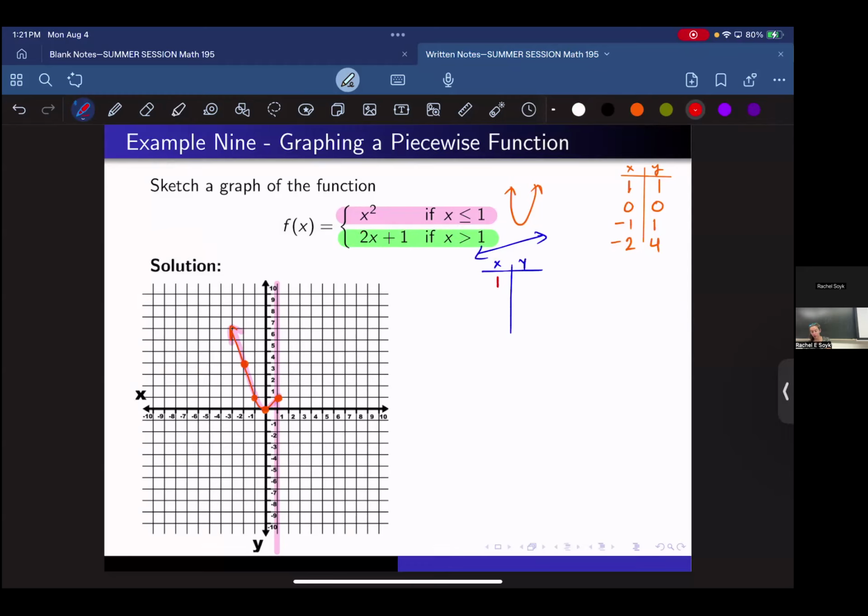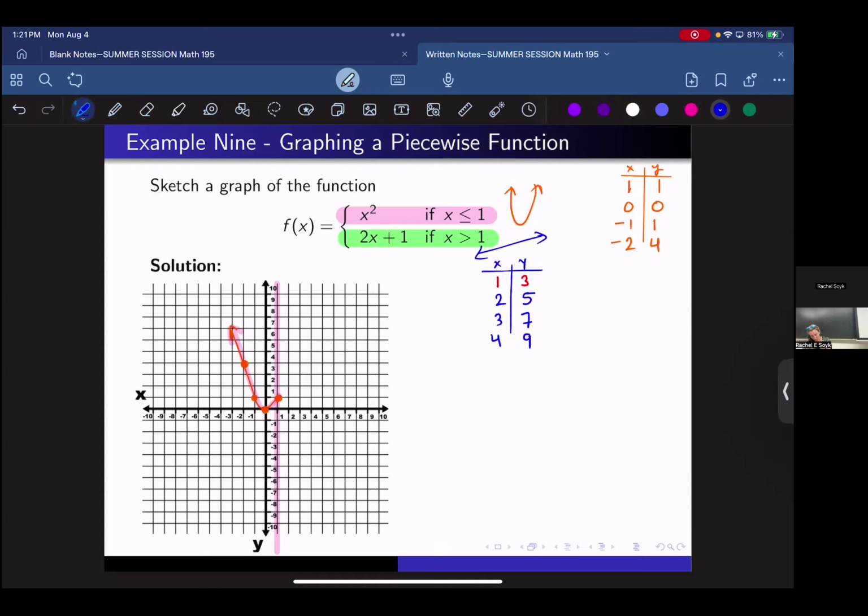Plug in 1, 2 times 1 is 2, plus 1 is 3. And then I'm going to put in 2 in blue because we are plotting this. 2 times 2 is 4, plus 1 is 5. I'll put a few more. 3 times 2 is 6, plus 1 is 7. 4 times 2 is 8, plus 1 is 9.